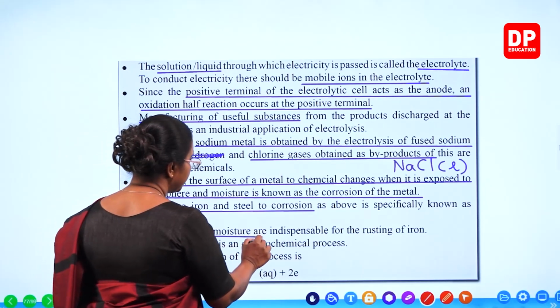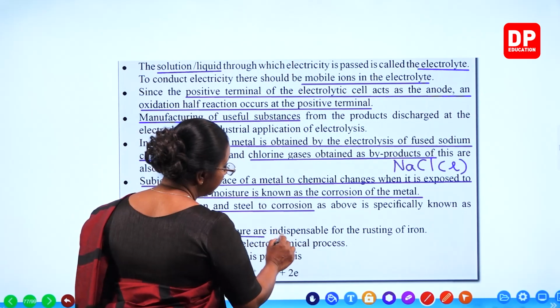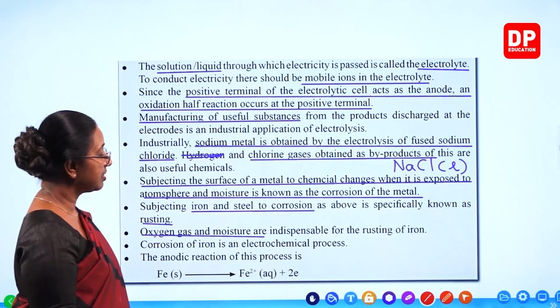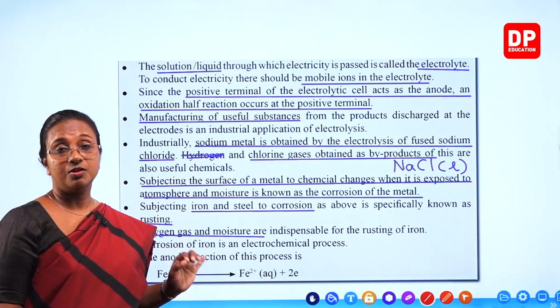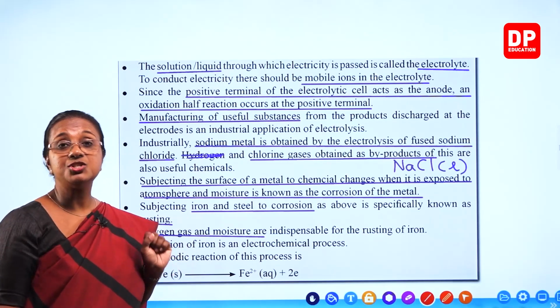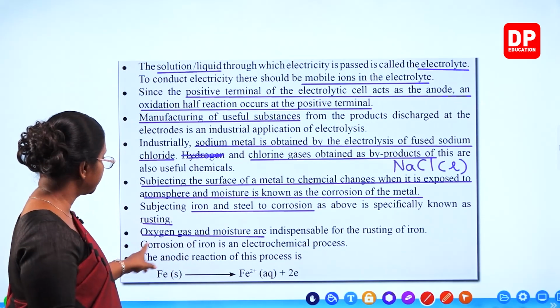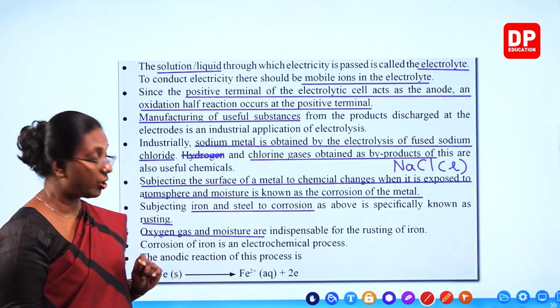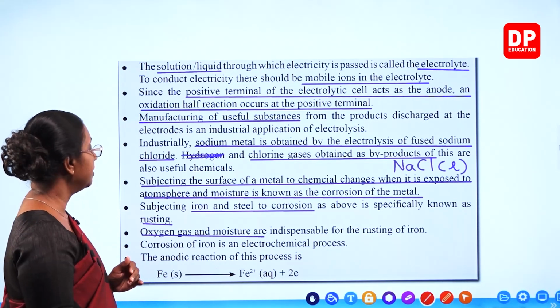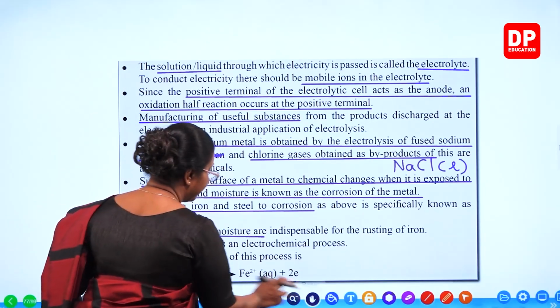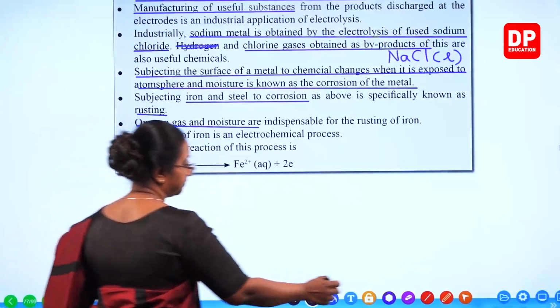Oxygen gas and moisture are two indispensable factors for the rusting of iron. They are a must for rusting, or they are factors essential for rusting. Oxygen and moisture or water vapor. Corrosion of iron is an electrochemical process. So, you are familiar with these reactions.